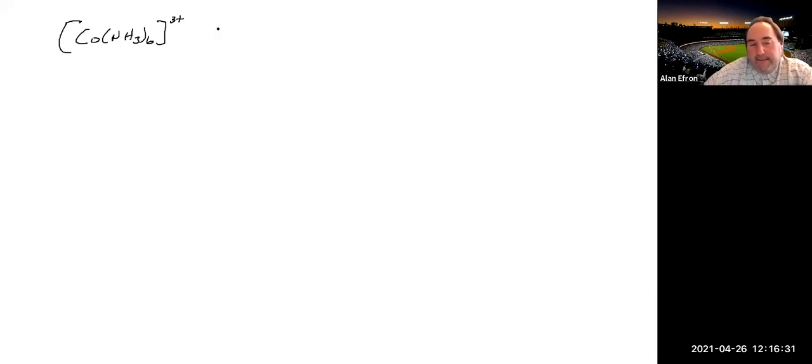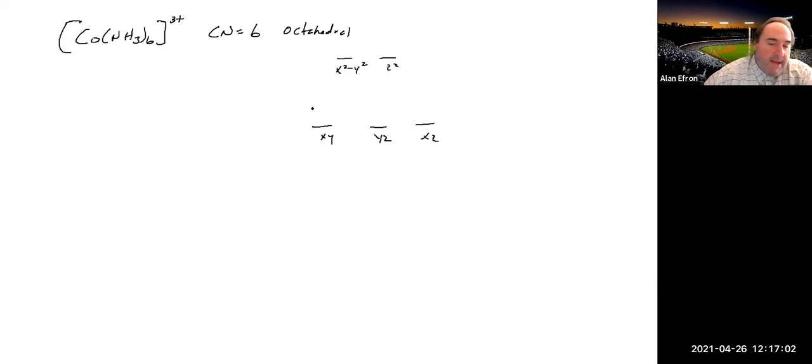Just for reference, this is coordination number 6, as NH3 is monodentate. It is probably octahedral, which will give us the octahedral splitting that we've been looking at, which is these three d orbitals here, XY, YZ, and XZ, and up on top would be the Z squared ones.